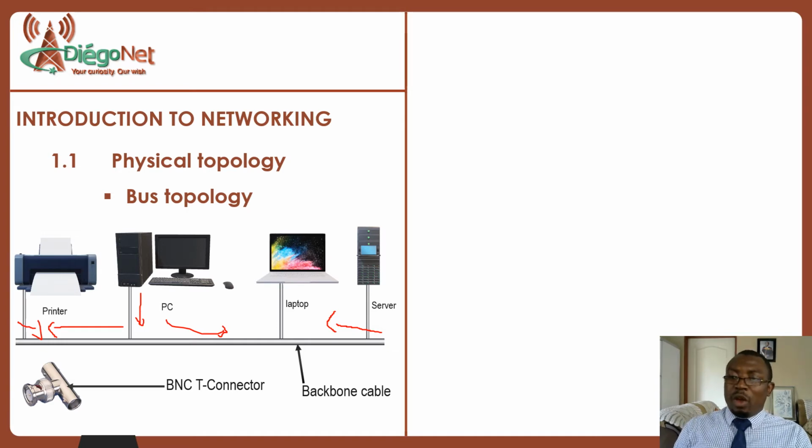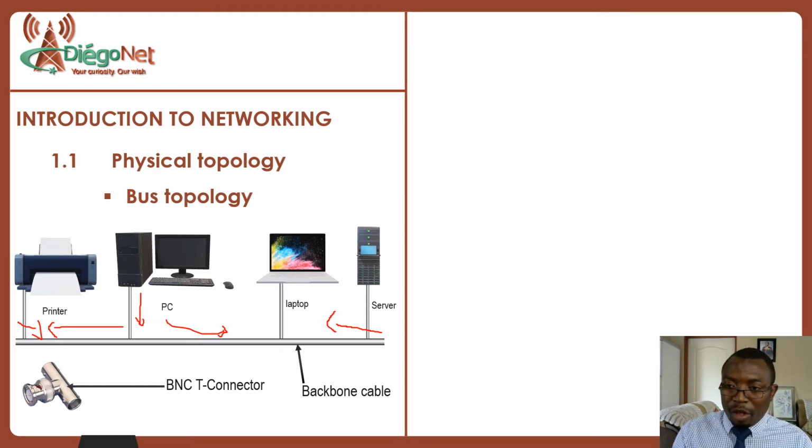What's going to happen? We are going to experience what is called a collision. Collision is not something great on the network because it lowers the performance of our network. So we use terminators at both ends of the cable to absorb any signal that reaches the end of the cable.